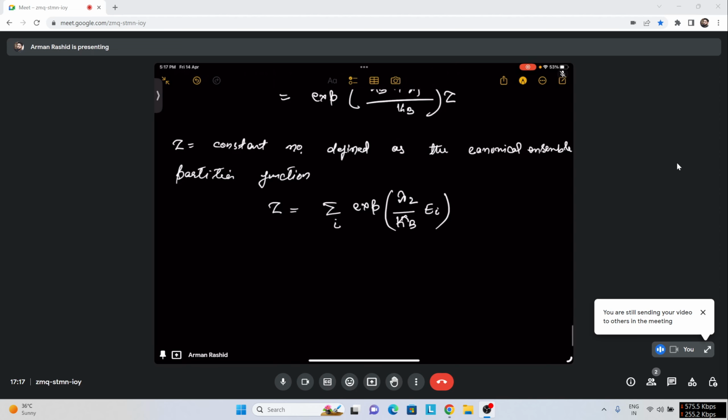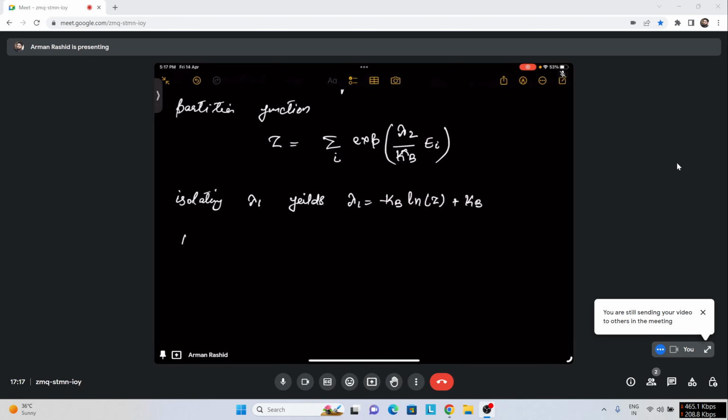Okay, so if we isolate lambda 1 yields lambda 1 is equivalent to minus kb ln of z plus kb.